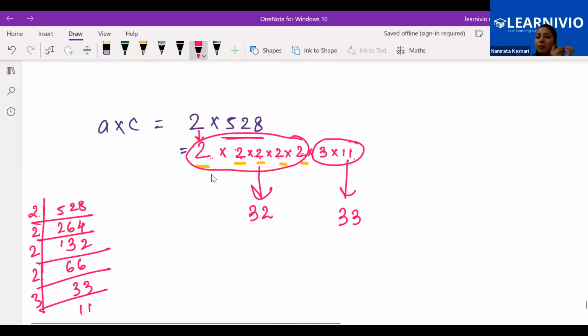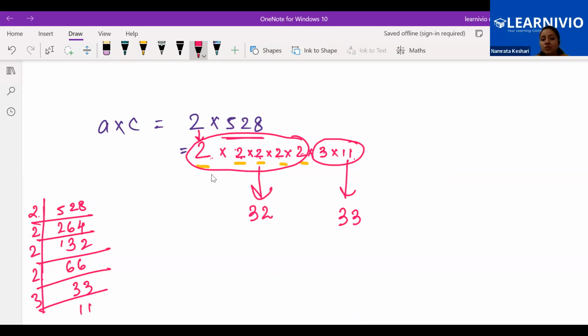Getting it? So this is how you have to do it. If you have to do the multiplication of A and C, I would suggest please don't do the multiplication. Break it into smaller parts and try getting two such numbers from there. We keep a few numbers together and the other few numbers together, and we are searching whether both numbers, added together or subtracted together, give us the middle term.